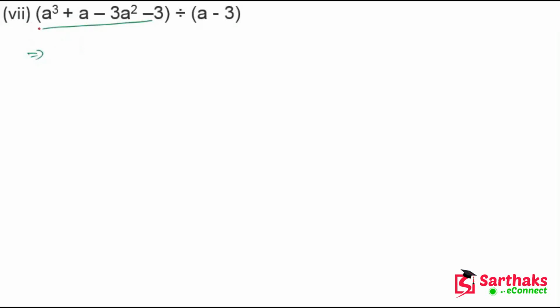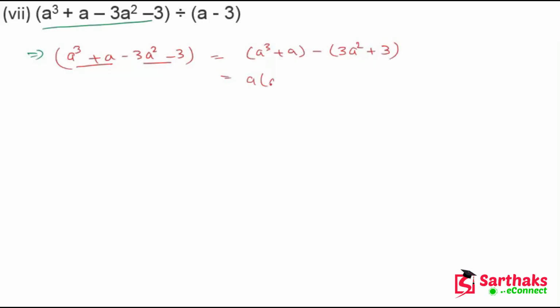We can regroup it like this: a cube plus a, and taking minus as common, 3a square plus 3. We can take a common to get a square plus 1, and 3 common to get a square plus 1.